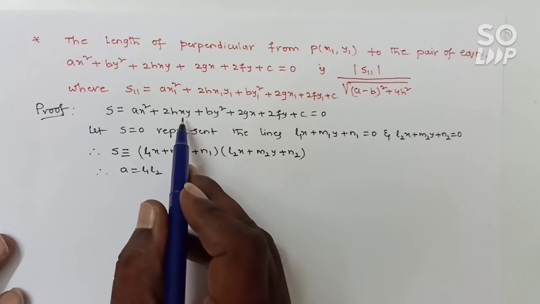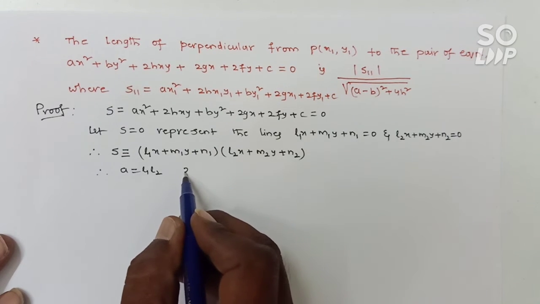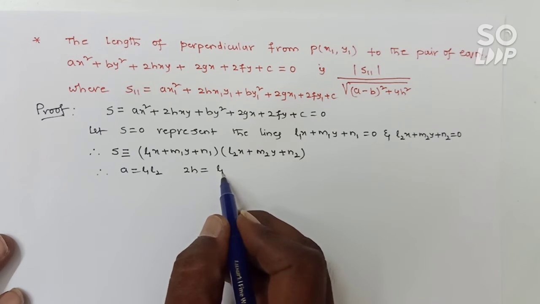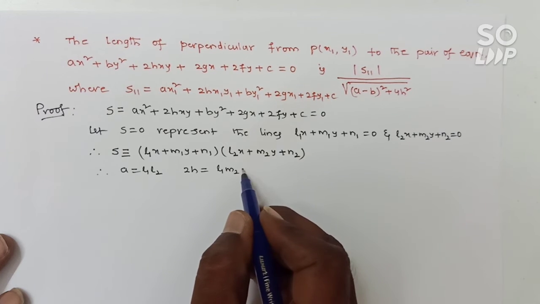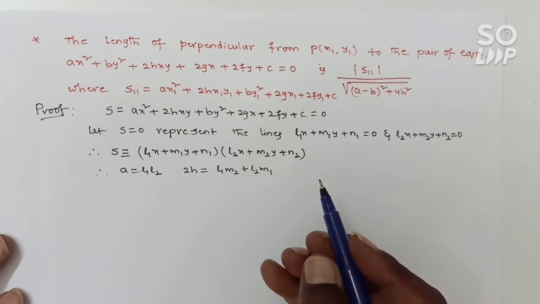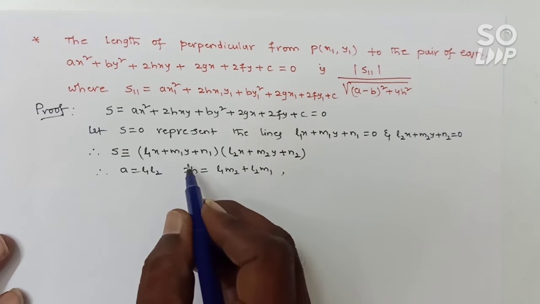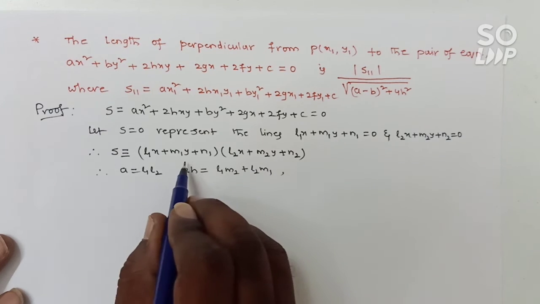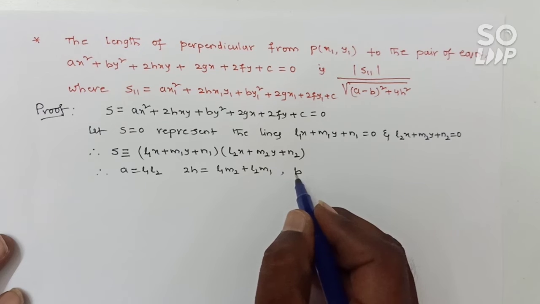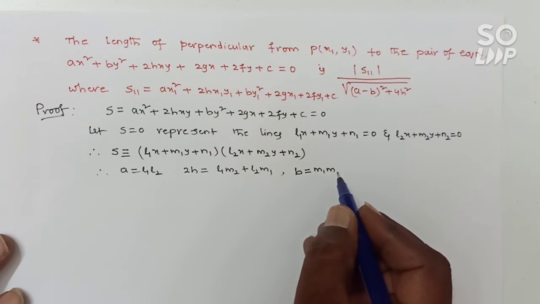What is the xy term in the given equation? 2h. So 2h equals L1 into m2 plus L2 into m1. And for the y square coefficient, you only multiply the y terms in both equations, so b equals m1 into m2.